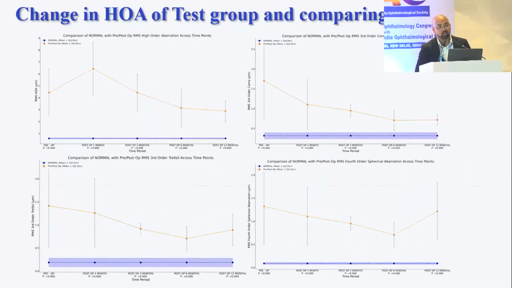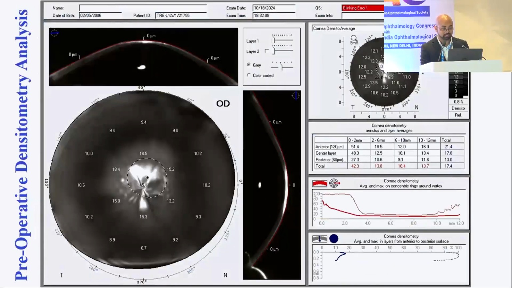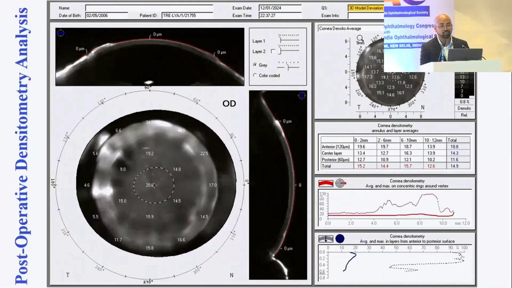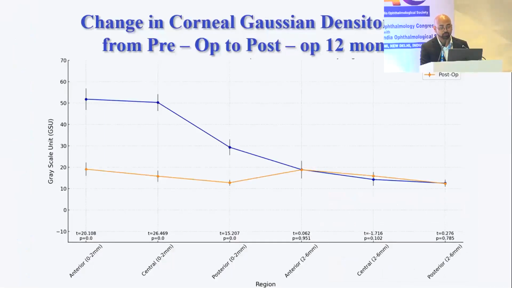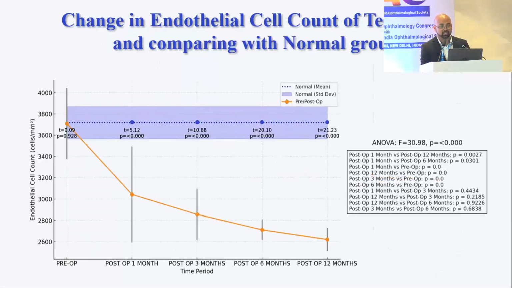Changes in HOA RMS, the 3rd order coma and trefoil show improvement except the 4th order spherical aberration. After 6 months, when the suture is removed, maybe the changes of the cornea will be reported. There is a significant improvement in the densitometric value from 0 to 2 millimeter region of the cornea. The endothelial cell changes are within normal limits.